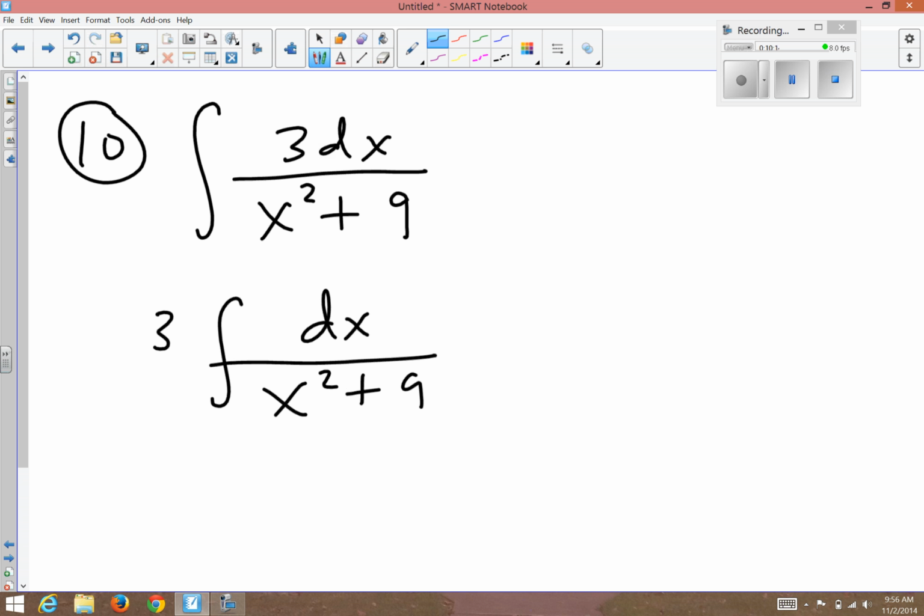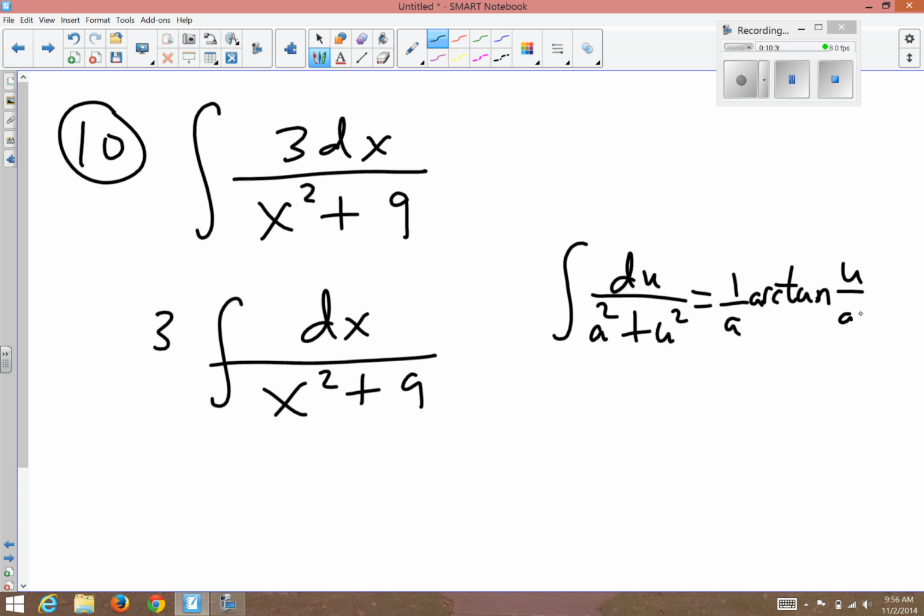And this is actually just a direct use of one of the basic integral formulas on your sheets. You have a couple of sheets with formulas. One of them is the integral of du over a squared plus u squared equals 1 over a arctan u over a plus c. This is the basic one.